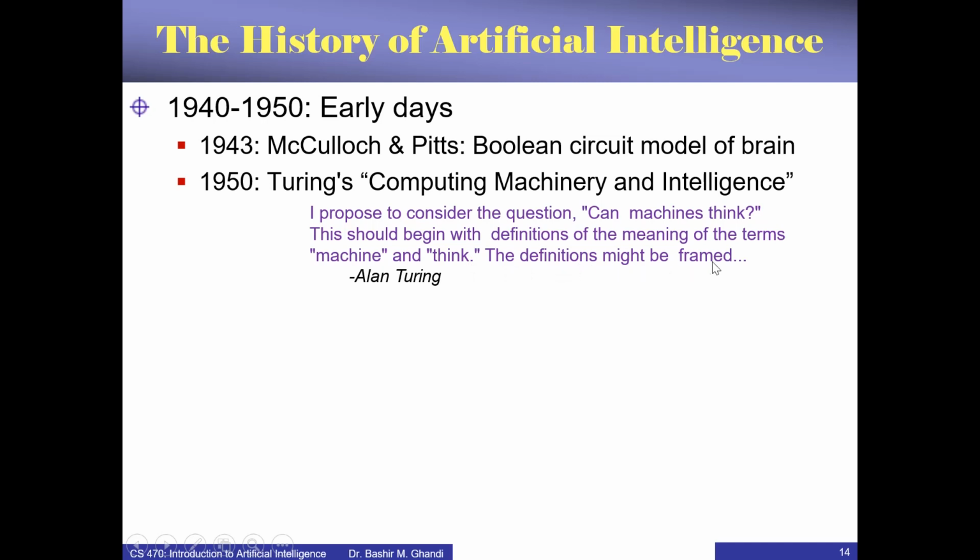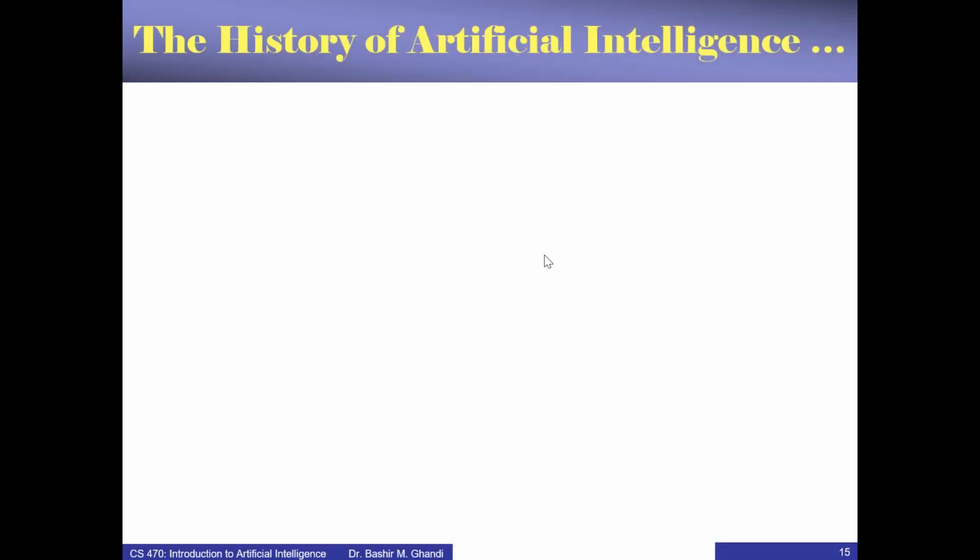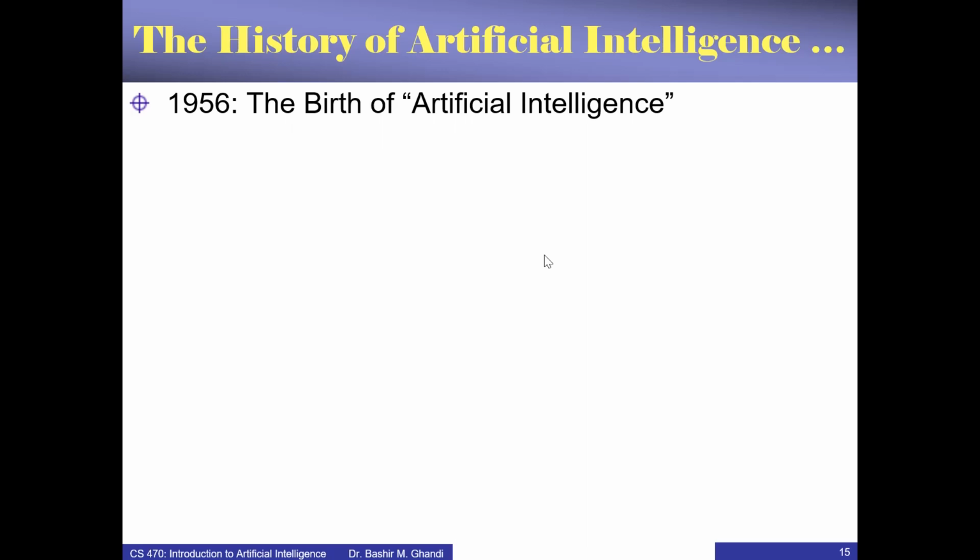The definition might be framed..." So he went on to provide his definition for what is machine and thinking and so on. This was a very interesting lecture that actually began to focus the attention of people towards the emergence of AI.